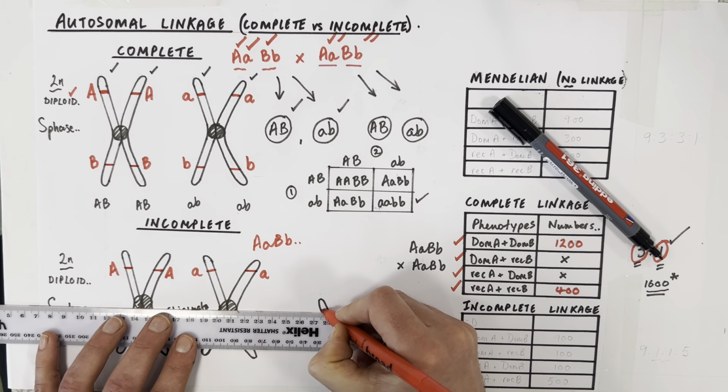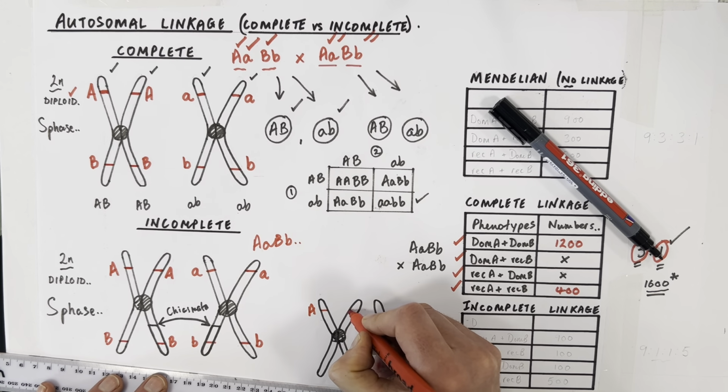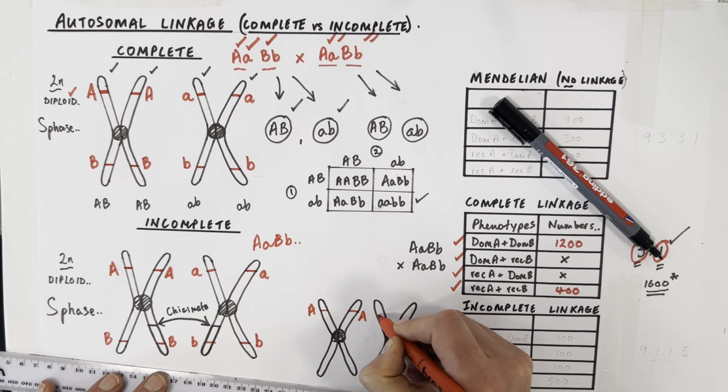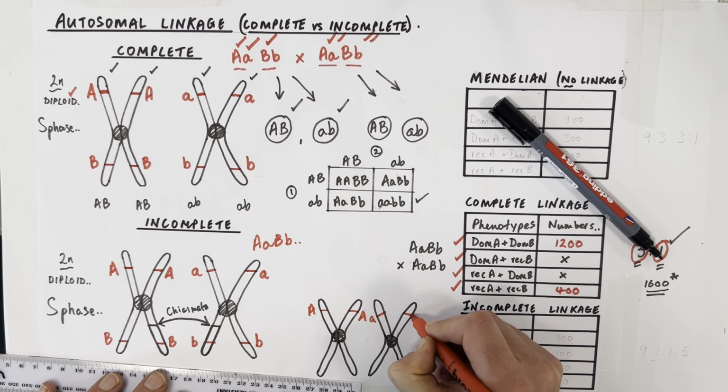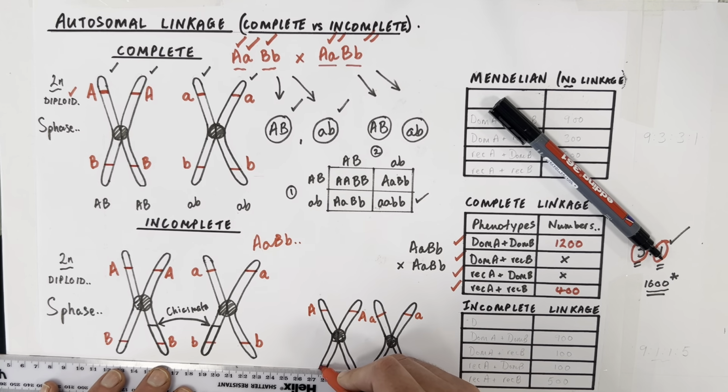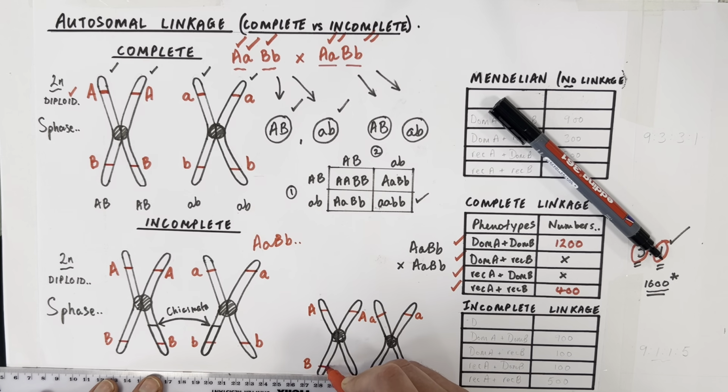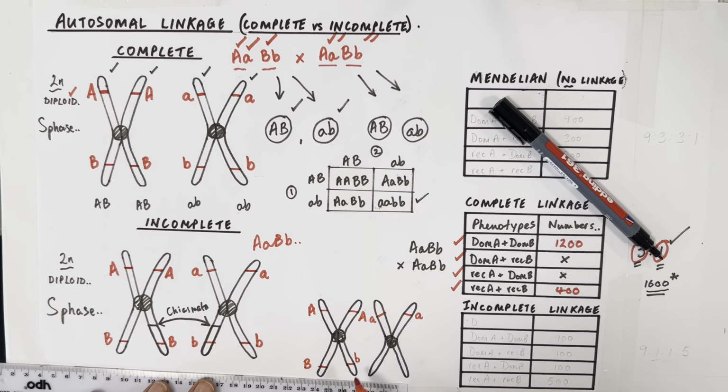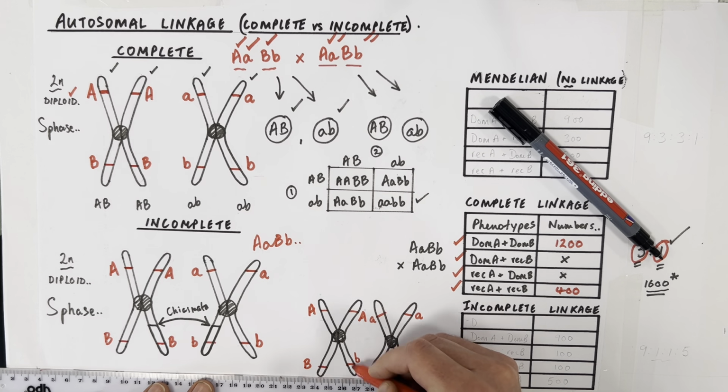So the dominant A allele at the top, dominant A there, recessive a here, recessive a here, dominant B at the bottom, but this time I'm going to swap it over. So here I've got the recessive b on this sister chromatid, and here, because remember we've swapped over the alleles, is the dominant B, and here the original recessive b.